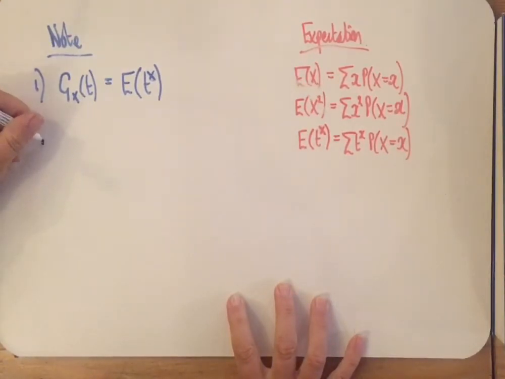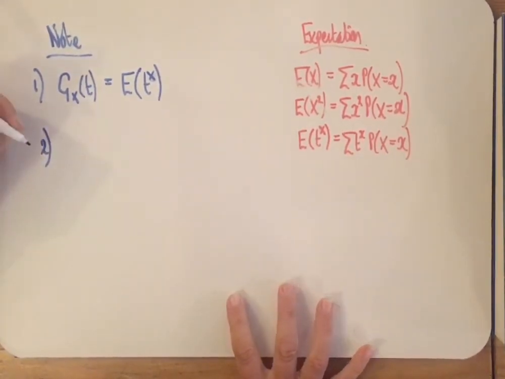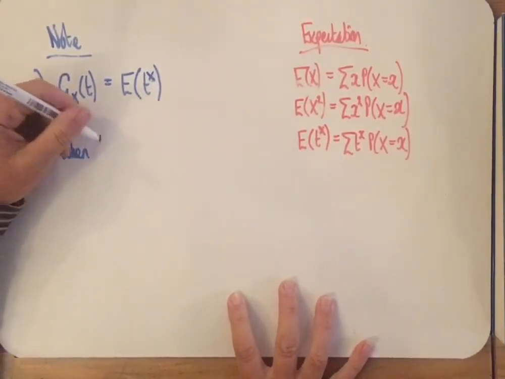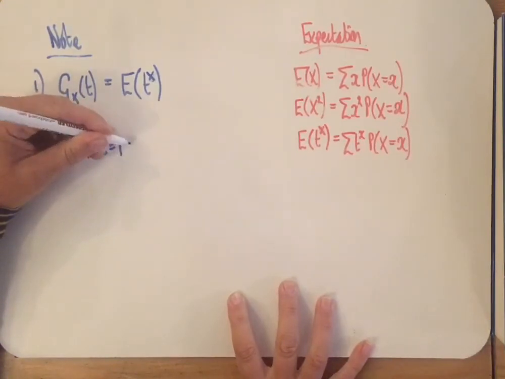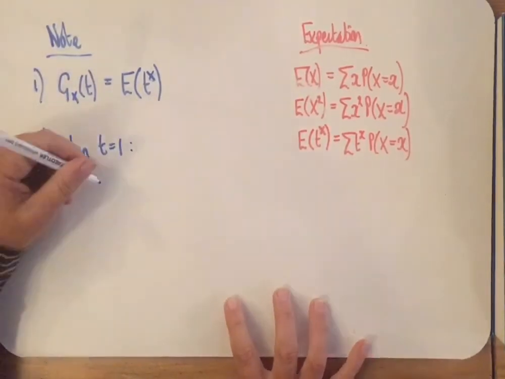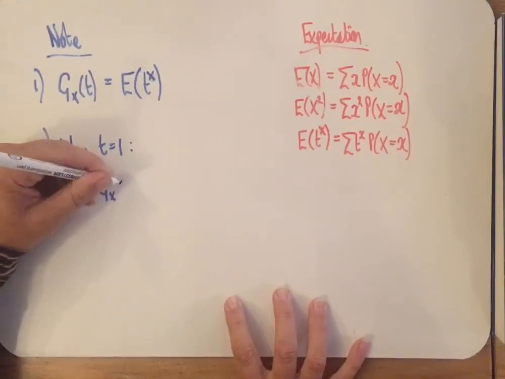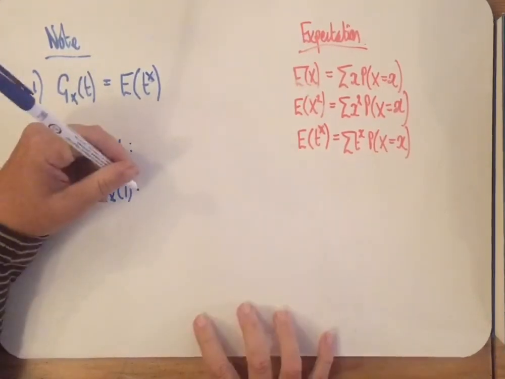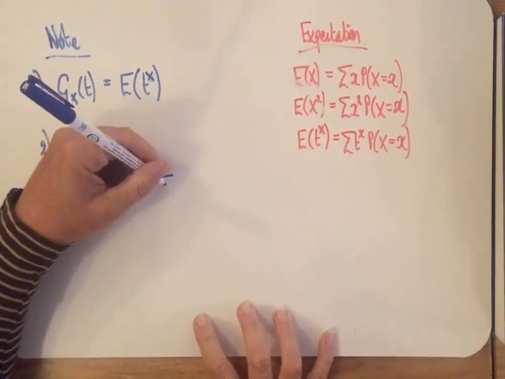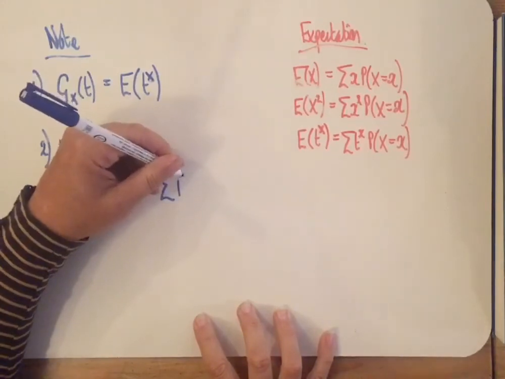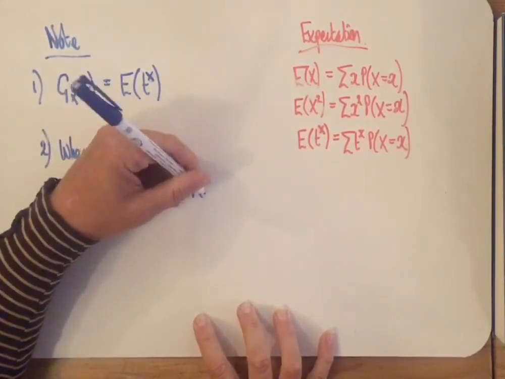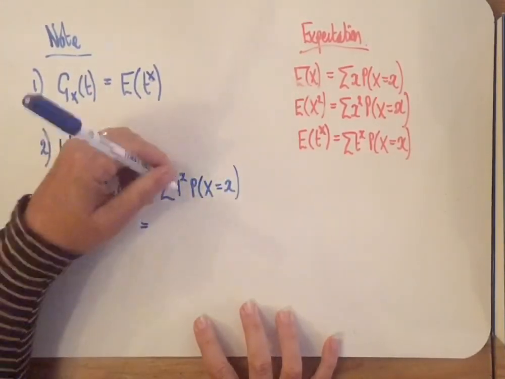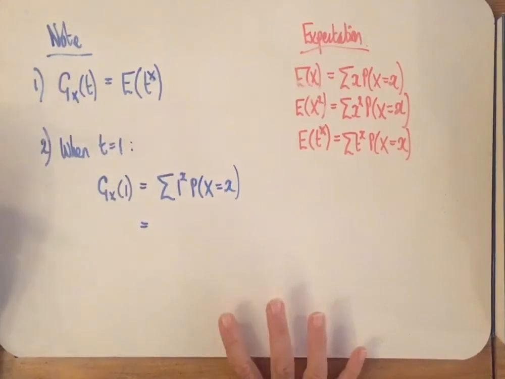And then the other thing to note is when t equals 1. If you do G_X(1), so I'm letting t equal 1, then you get the sum of 1 to the power x times the probability that X equals x. 1 to any power is just going to give us 1.